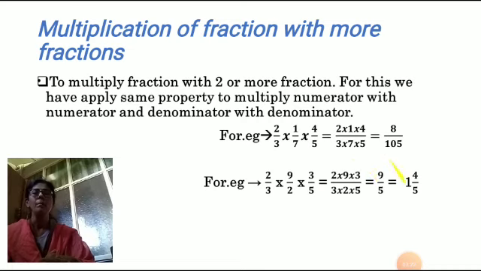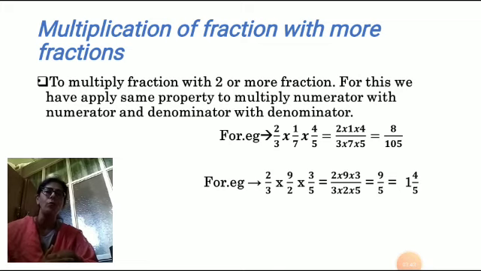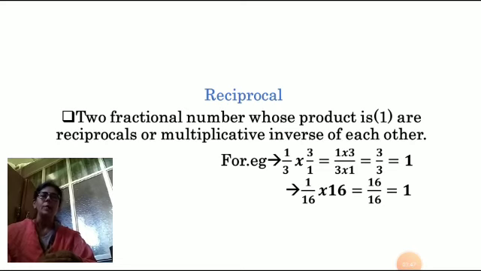The remaining numbers are 9 upon 5. Do you know children, this is an improper fraction, 9 upon 5. So we have to convert this into a mixed fraction. Therefore our answer is one integer 4 upon 5, as 5 ones are 5 plus 4 is 9.